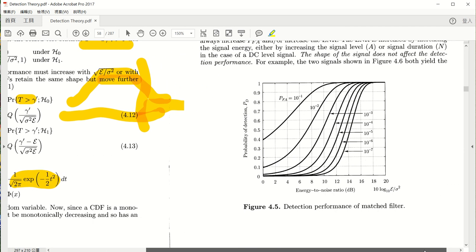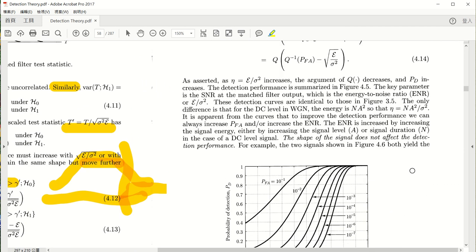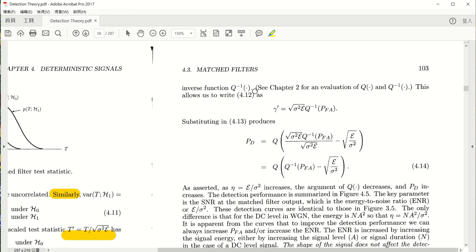So, as an inverse function, Q inverse, this minus one is not an exponent. It means the inverse function. So as a result, gamma prime has to be equal to this. PFA. How come we are able to get this?